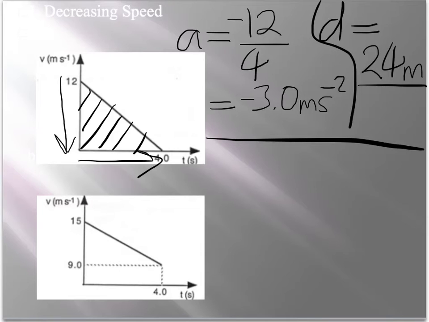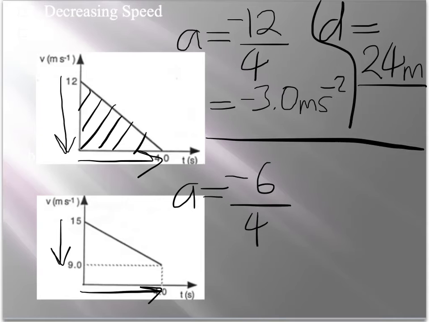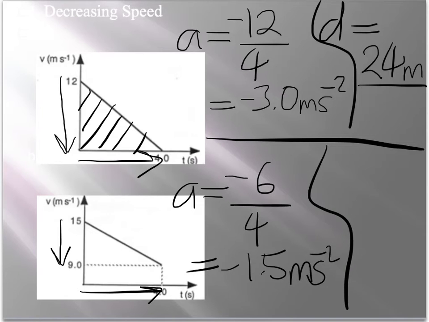Second example here, acceleration in this case is going to be from 15 down to 9, that's our change of speed, -6 divided by the time it took, which was 4 seconds. So we have a -1.5 meters per second squared for acceleration.